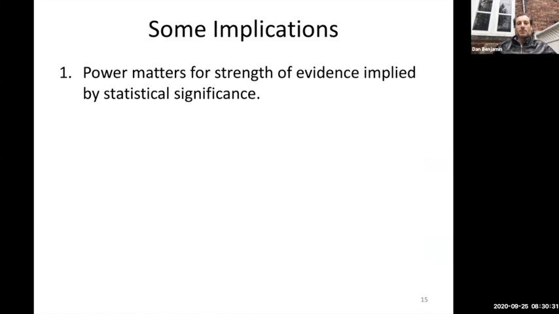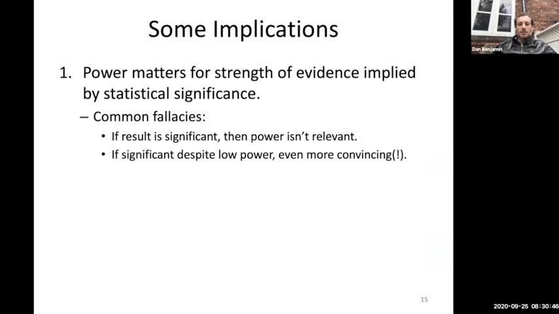Okay, so let me summarize some implications from this part of the talk. First is that power matters for the strength of evidence from statistical significance. That is contrary to some common fallacies that you sometimes hear. People might think that if a result is significant, then power doesn't matter anymore.